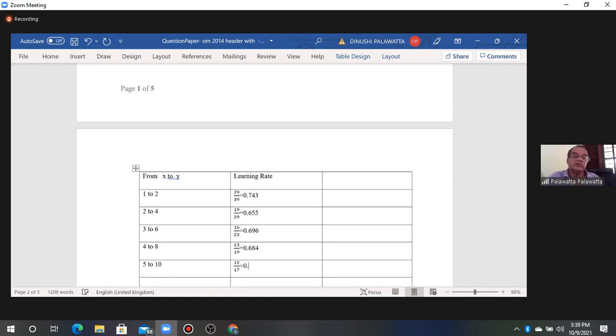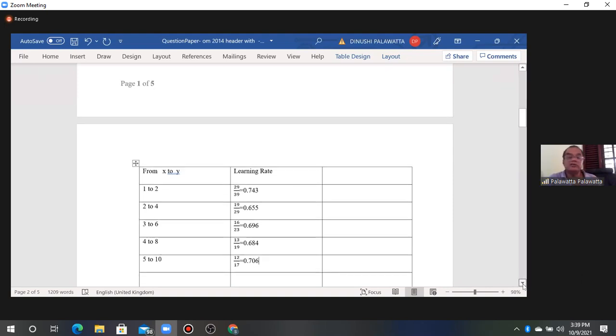Division takes 12 divided by 17. You get 0.706. So now, we take the average.